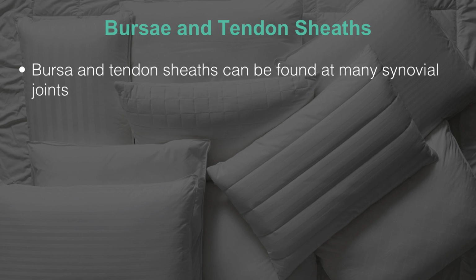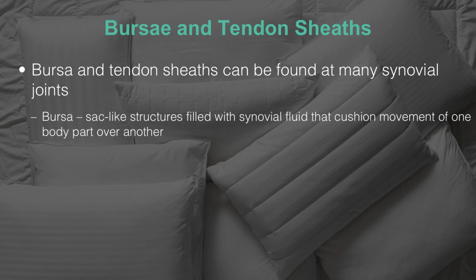A bursa is just a pocket, a lot like the fibrous capsule, but it doesn't surround the joint. It's a sac, essentially filled with synovial fluid. It's a very similar fluid, but it's not around the joint. So it doesn't encompass the bone-on-bone articulation like the fibrous capsule does.